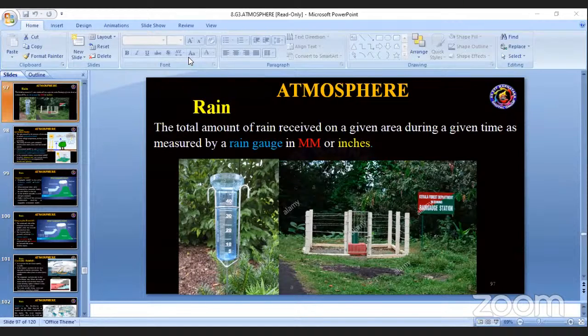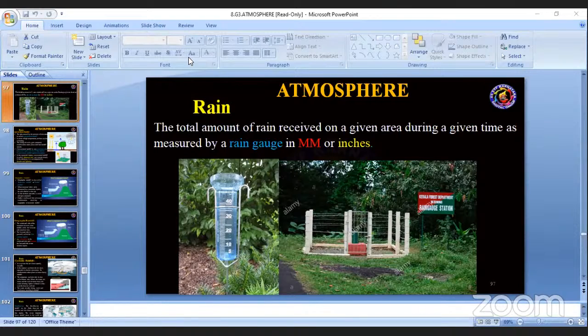And in which unit is it measured? What are the units of measuring humidity? For example, rainfall is measured in millimeters or inches.